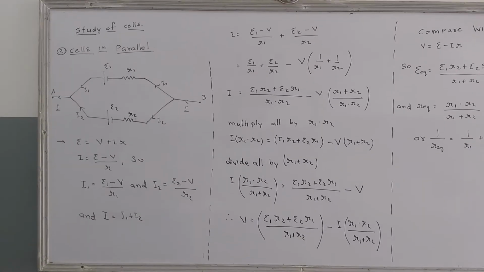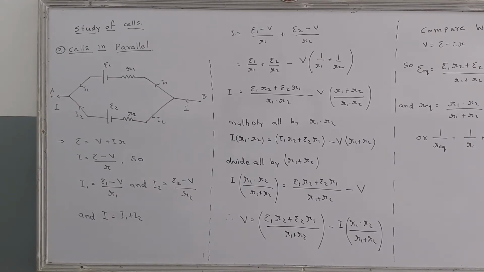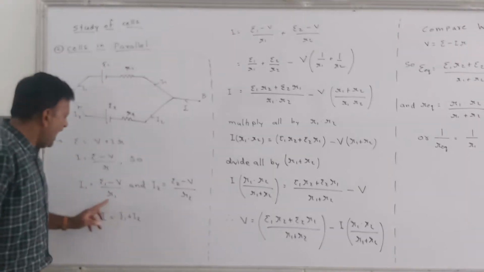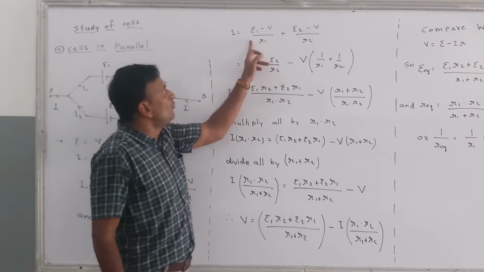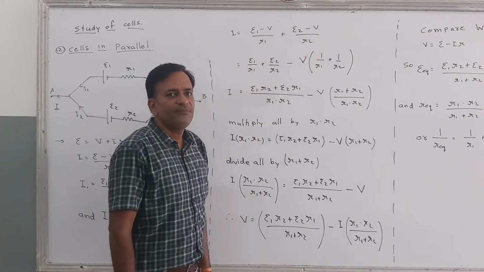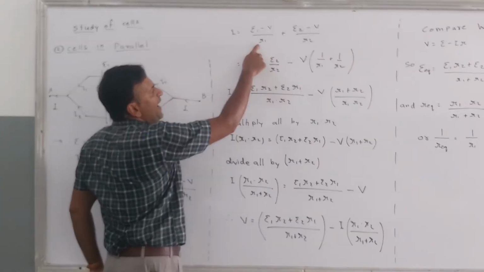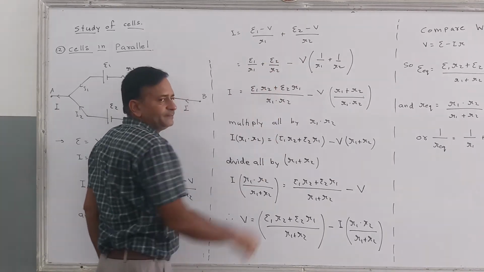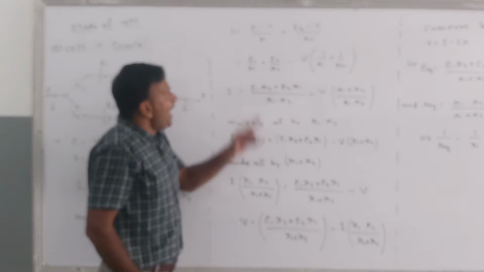Now we are going to put the values of currents I1 and I2. Epsilon 1 minus V by R1, epsilon 2 minus V by R2. Epsilon 1 by R1 plus epsilon 2 by R2. Okay.